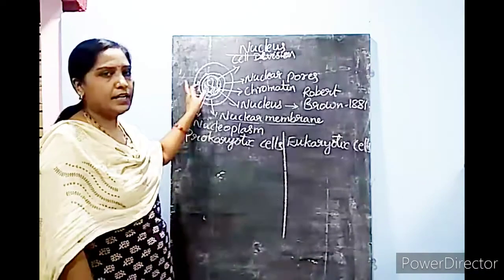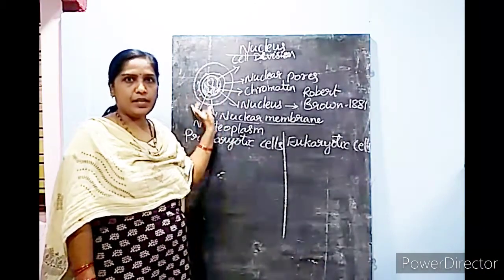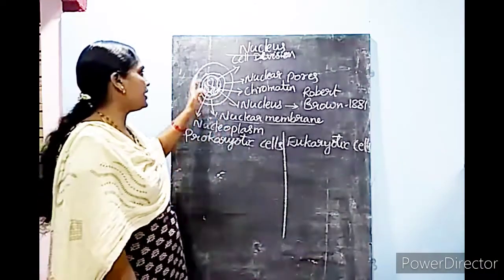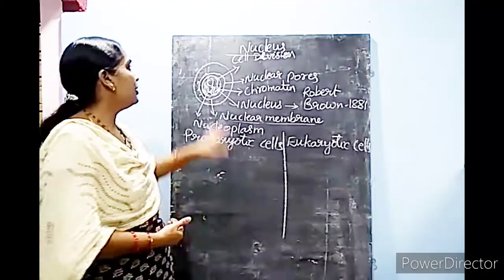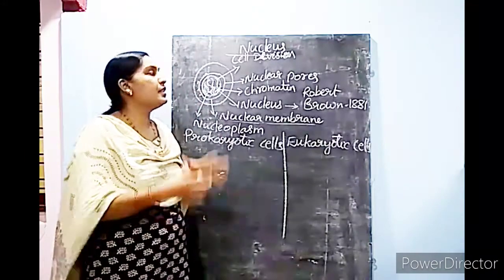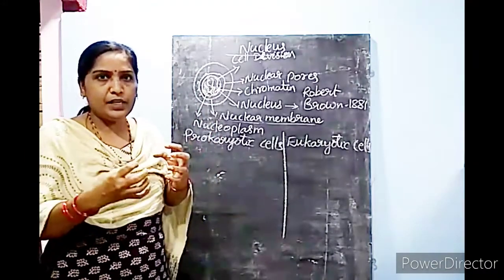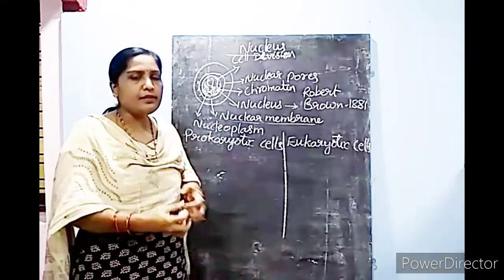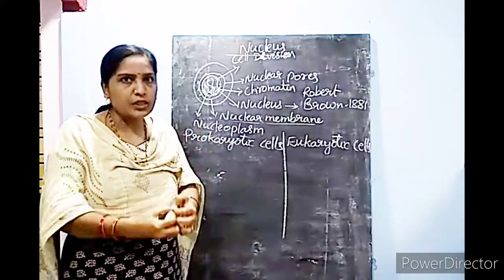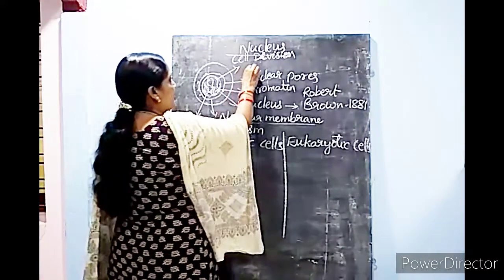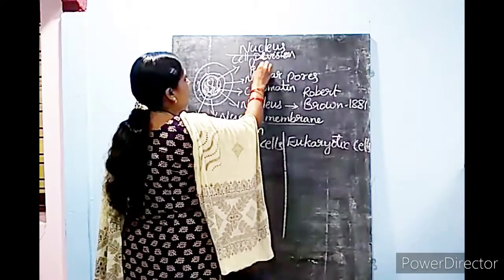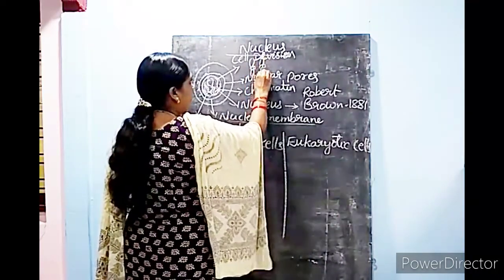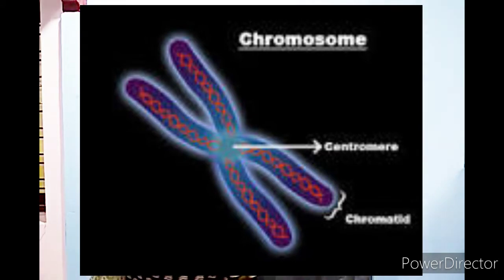Now you understand the basic changes which take place in the nucleus at the time of cell division. These chromosomes condense. Condensing means the material present in the chromatin comes closer and gets a spindle shape, and the structure appears like this.